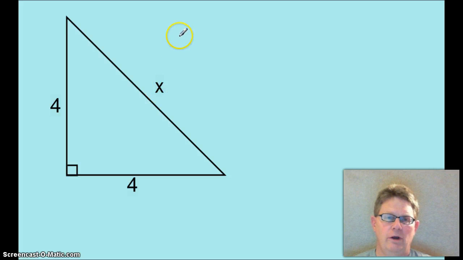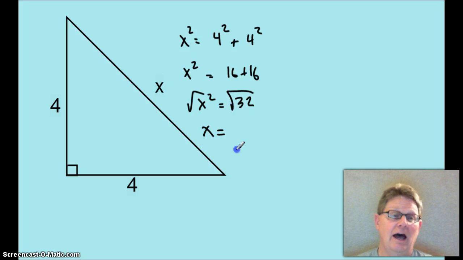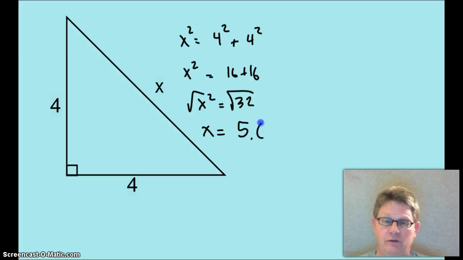Moving right along. Hypotenuse squared equals the sum of the two legs squared. X squared equals 16 plus 16. X squared equals 32. Take the square root of both sides. And x equals, and I don't know if your book is going to ask you, if they ask for a decimal rounded to the nearest tenth, 5.6.